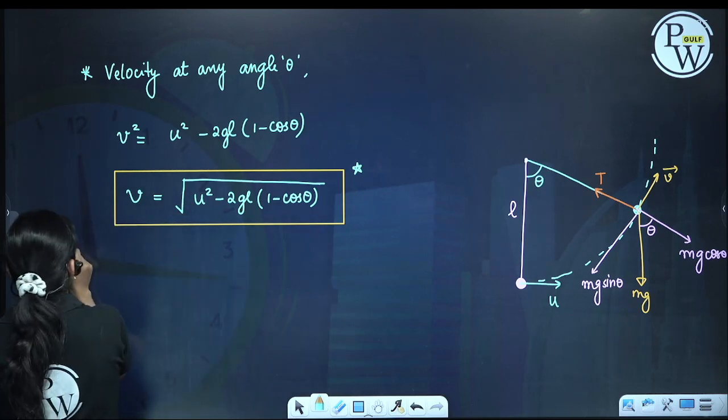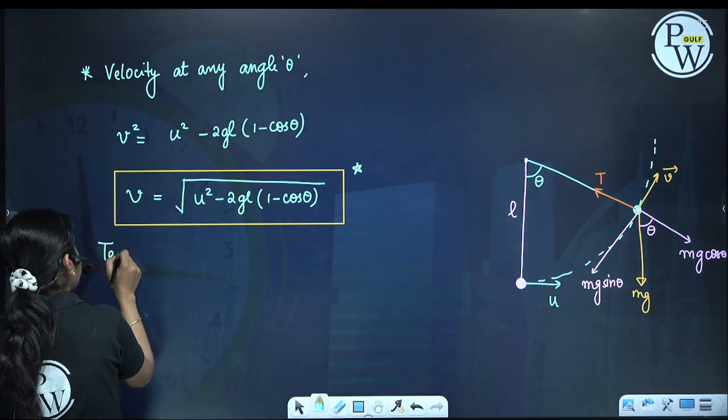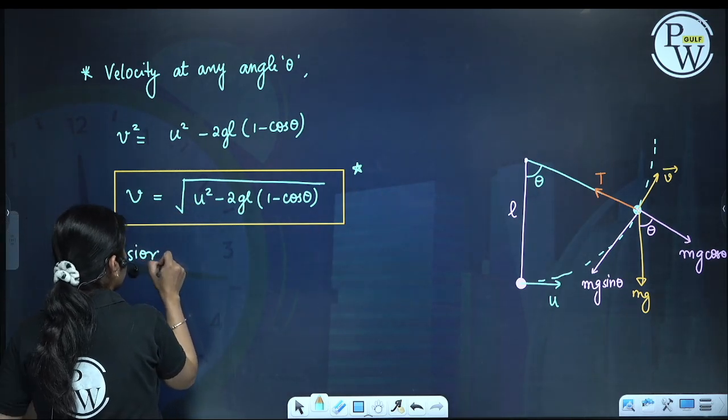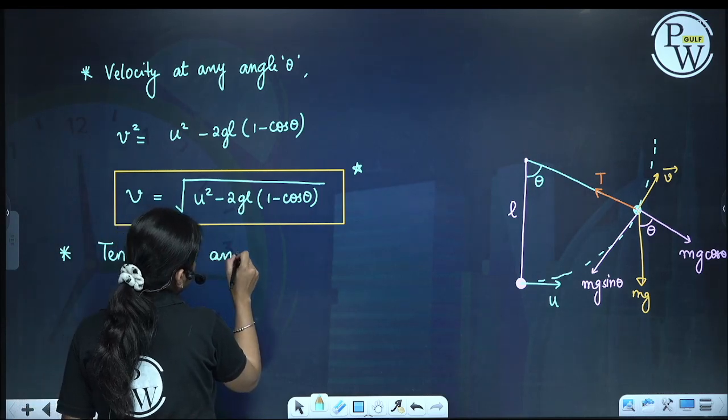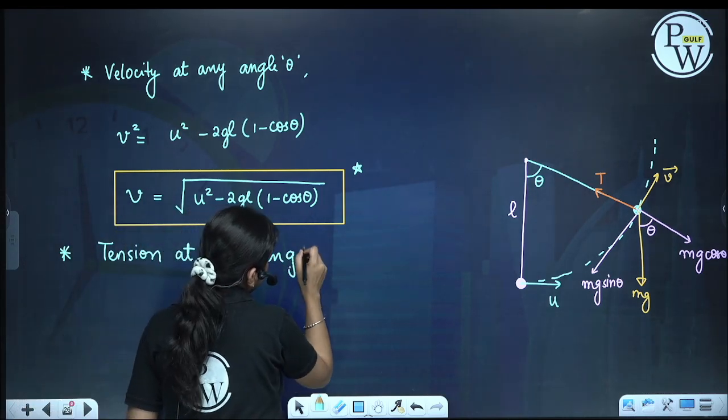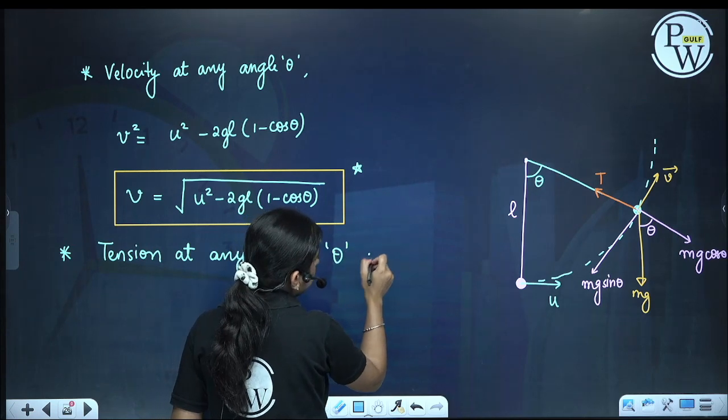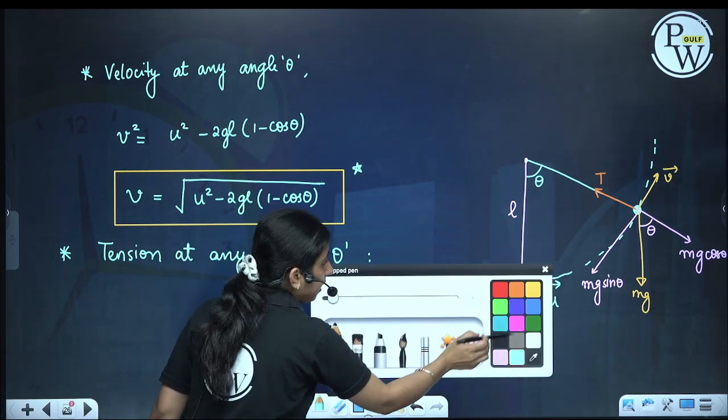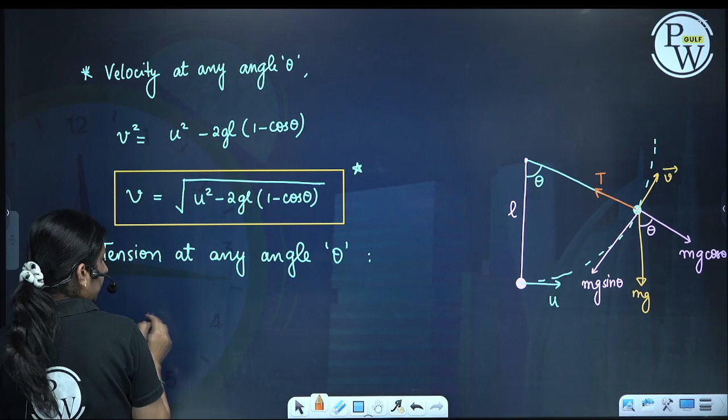Now similarly, if we write tension at any angle theta, this T is the tension in the string. What will be my tension in the string at any angle theta?